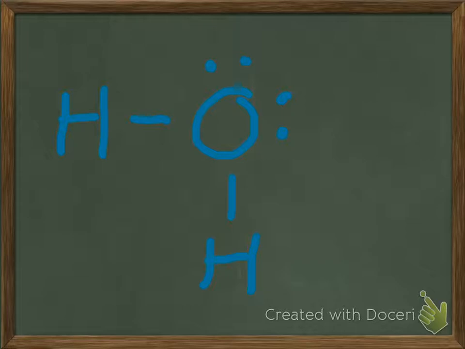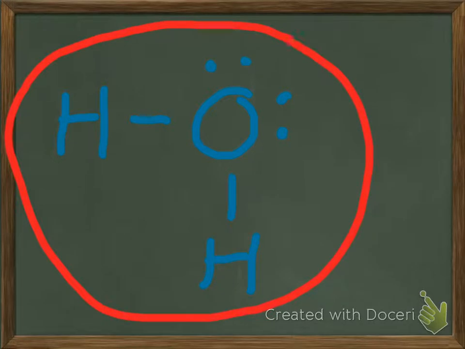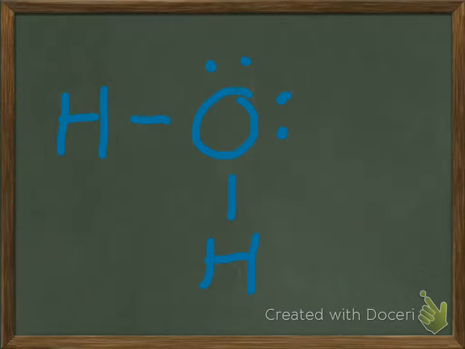However, the next question is, is the molecule polar? So when we're talking about the molecule being polar, we're talking about the whole thing here, not just the little bond here. So that's the difference. We're talking about the whole thing, not just that individual bond. And that's where the difference comes in.